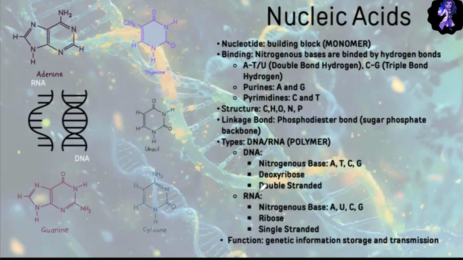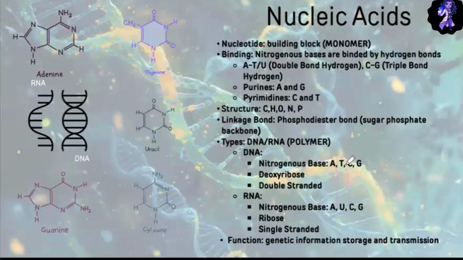So when it comes to DNA, we have four main nitrogenous bases: A, T, C, and G. The D means deoxyribose, and DNA is also double-stranded, whereas RNA is going to be single-stranded, with the sugar being ribose, and we do have four similar nitrogenous bases, but instead of thymine, you utilize uracil.